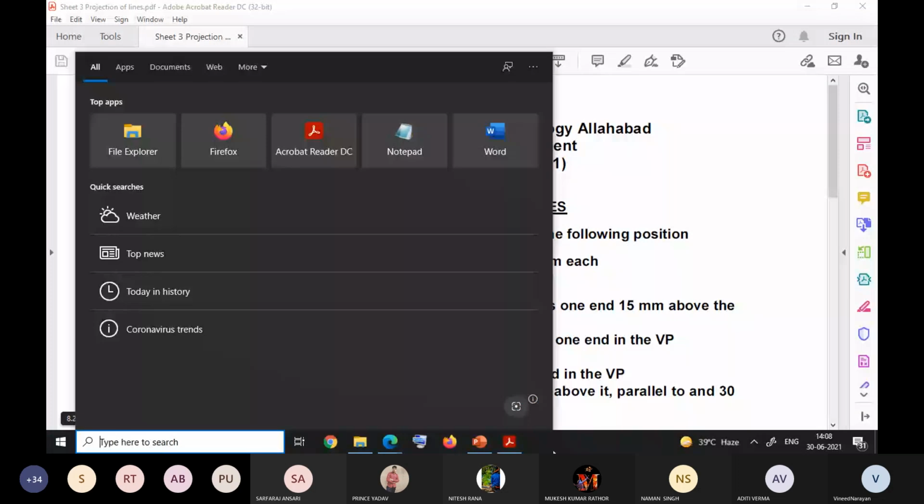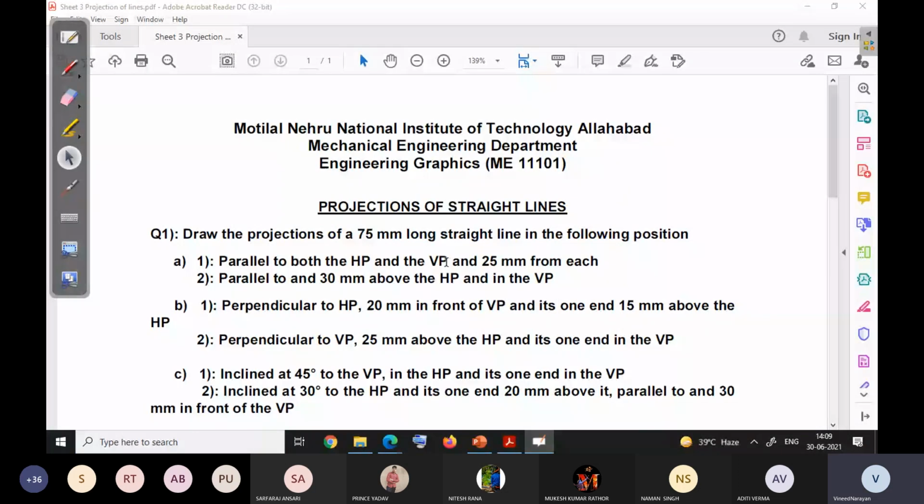Okay. So length is 75 mm, parallel to both HP and VP, and 25 mm from each. Okay. So this simple question.